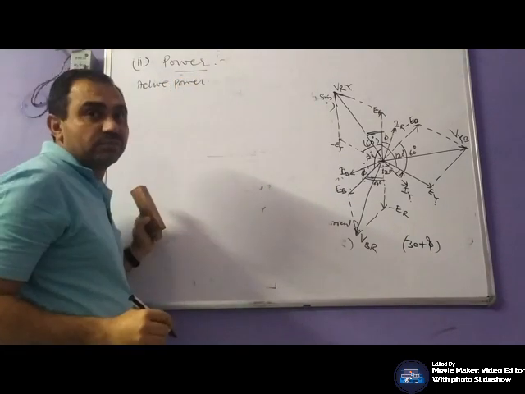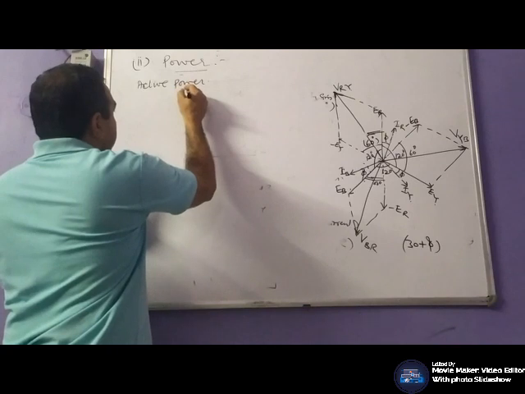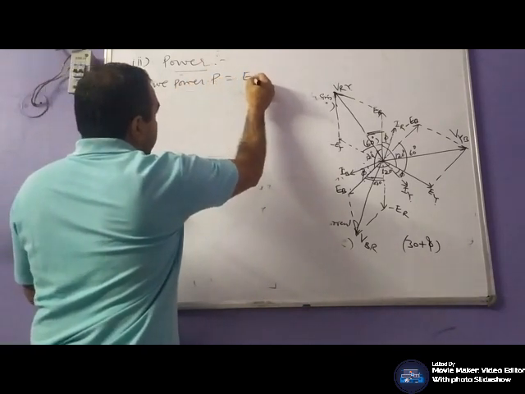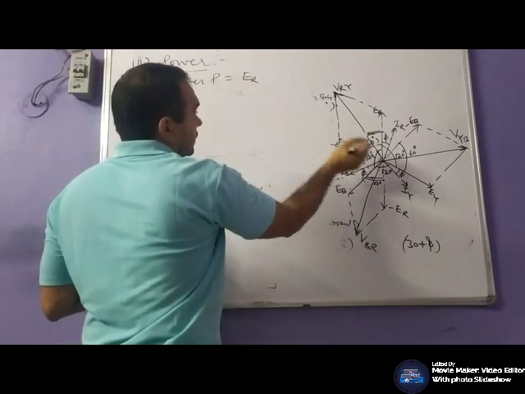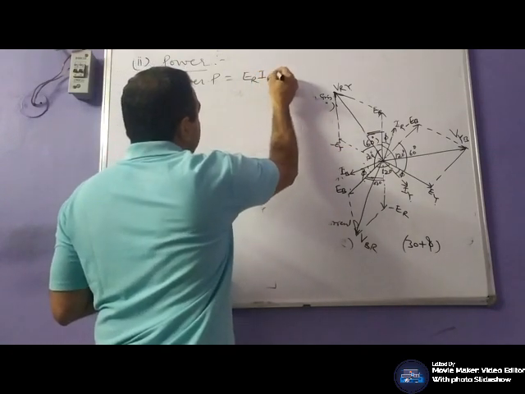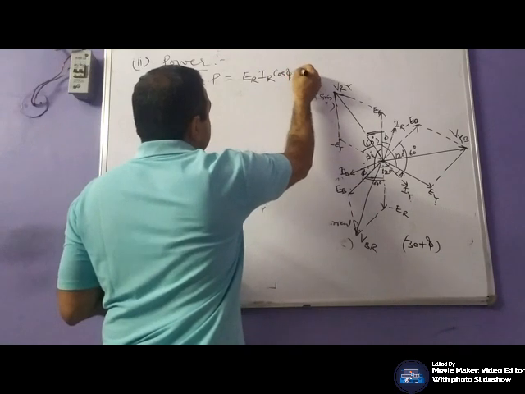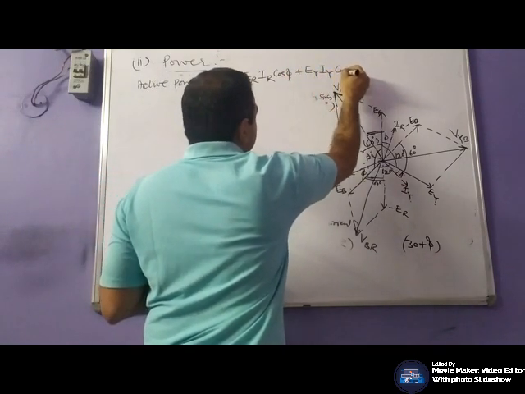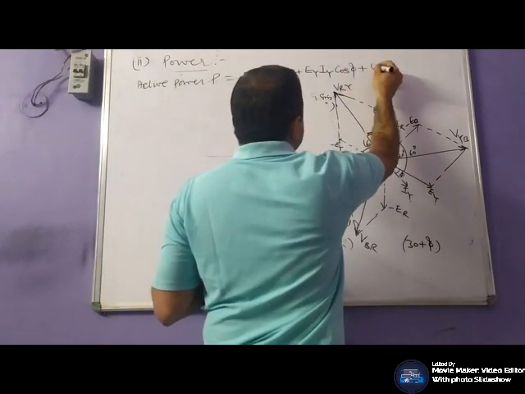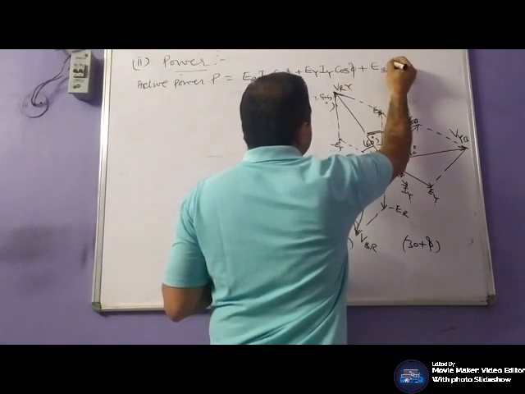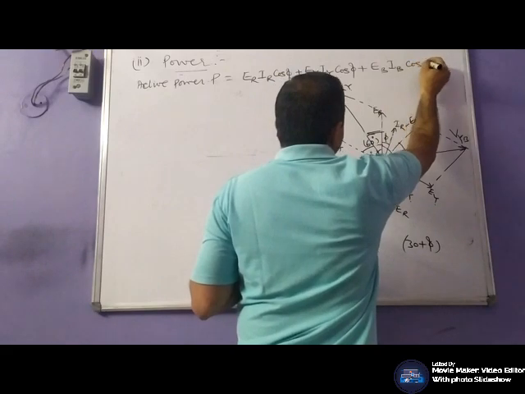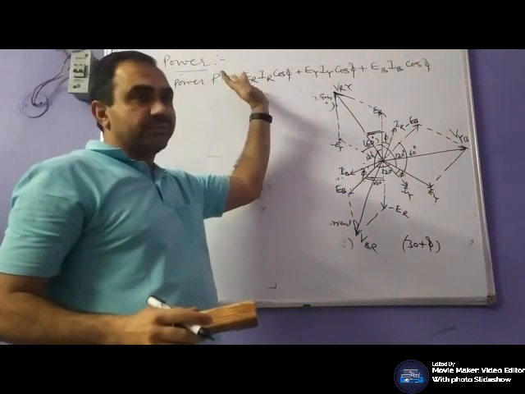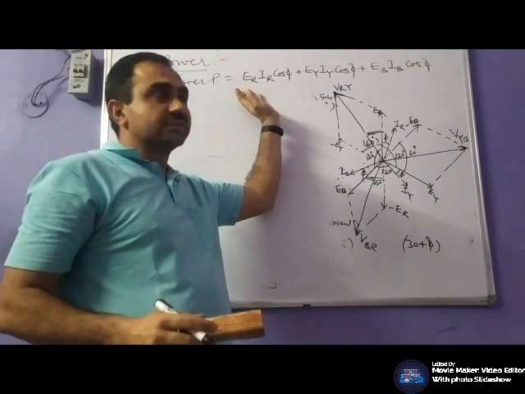Power which is actually consumed in the circuit is given by P equals ER IR cos of phi plus EY IY cos of phi plus EB IB cos of phi, where ER, IR are the phase voltages and currents.